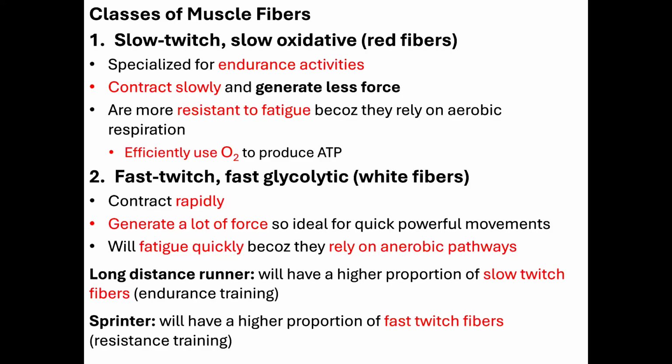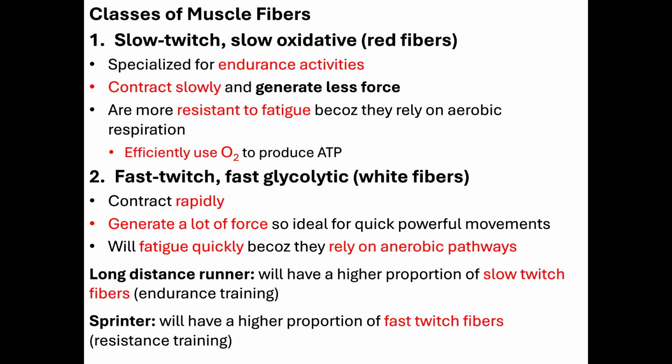And where do you see the slow twitch fibers? You see them in the muscles of long distance runners. That's endurance training. Whereas in a sprinter, the muscle fibers will be the fast twitch white fibers. They contract rapidly and generate a lot of force, because if you're doing a 100-meter sprint, you have to, boom, start, right?